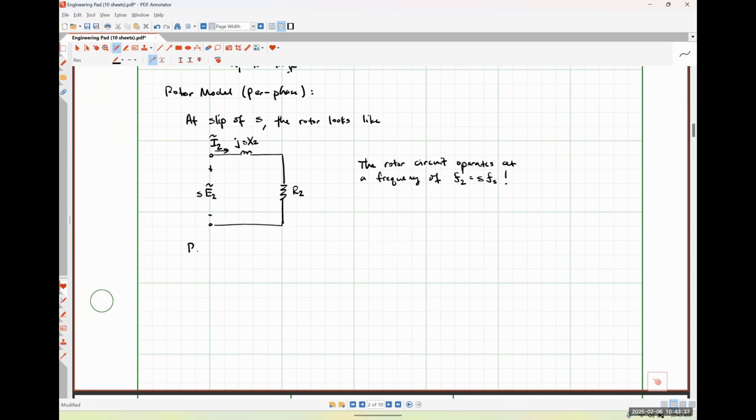So R2 is the rotor resistance per phase, contributing to copper losses.